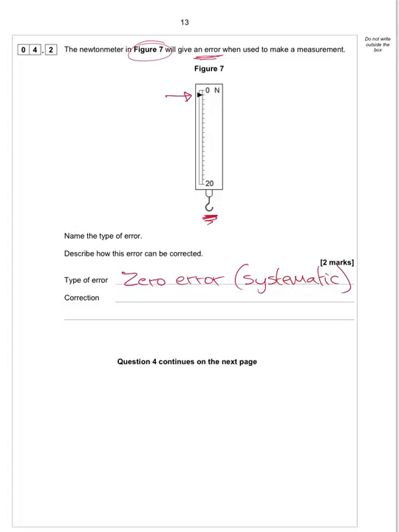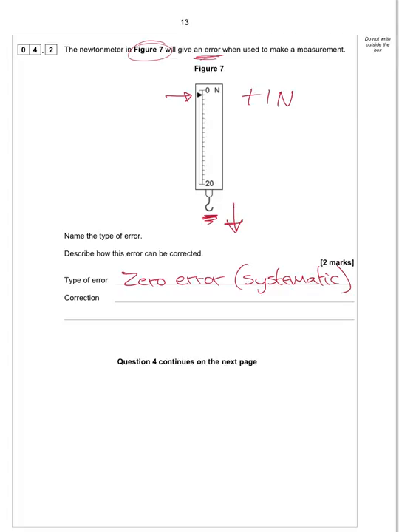A systematic error is one where something is wrong with the equipment, and your answer is going to be wrong by the same amount every single time. Every time you hang something on this, your result will be out by 1 newton because it didn't start at 0.